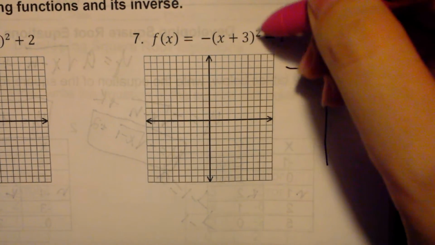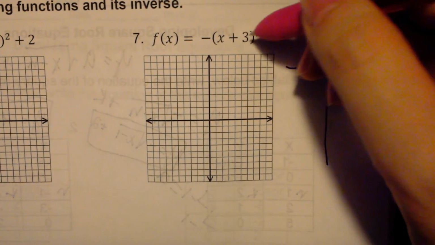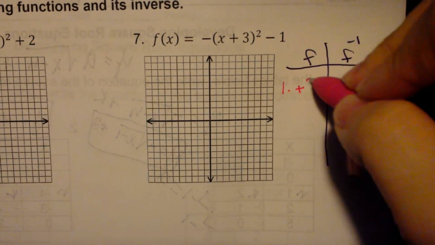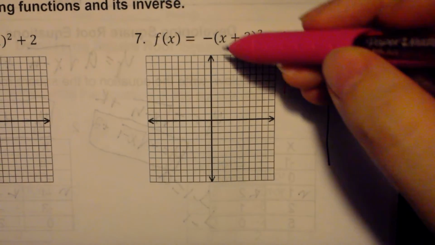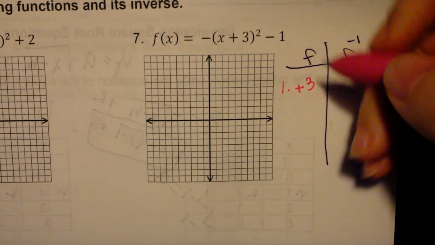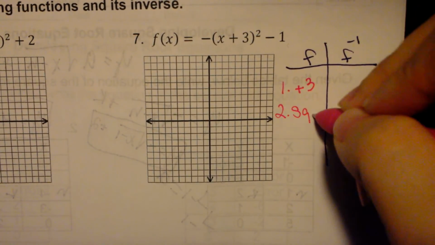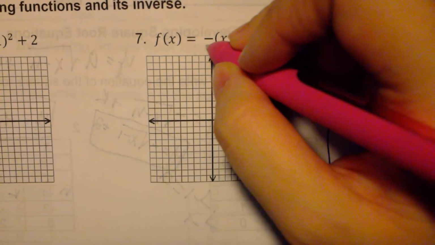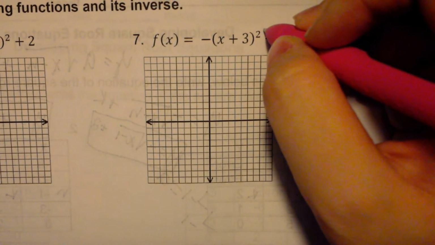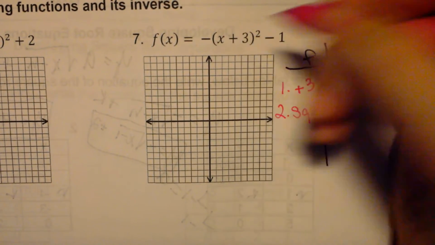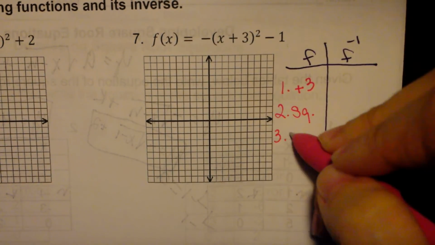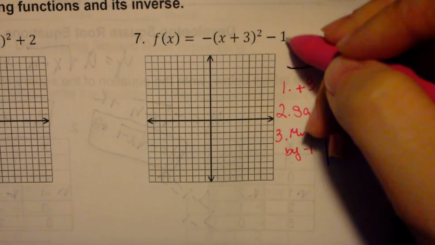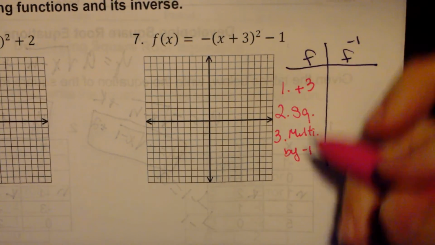In the parentheses, following PEMDAS, I have x plus 3. So the first thing I did in my f was add 3. Then I'm working my way out. Exponent is next, so I squared. And then all of this is together, so I multiplied by -1. Then the last thing I did was subtract 1.